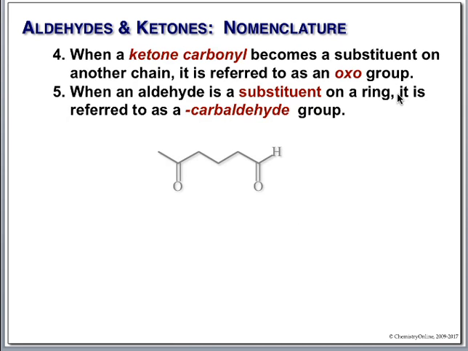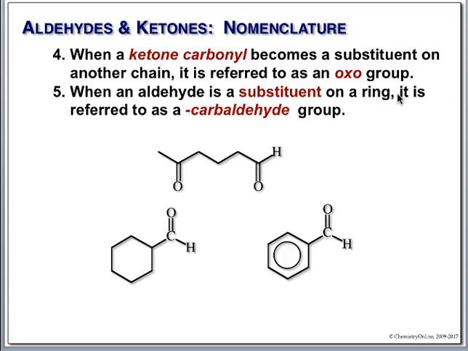You can make it a little more complicated. If you have a multifunctional compound, or the carbonyl is on somebody else's chain, we're going to refer to a ketone as an oxo group and an aldehyde as a carbaldehyde. So with this thing, we have 1, 2, 3, 4, 5, 6, so it's a 6-carbon unit.